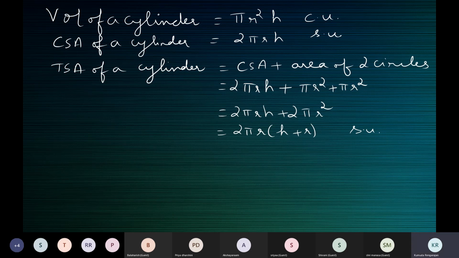CSA 2 pi r h, TSA 2 pi r into r plus h or h plus r.